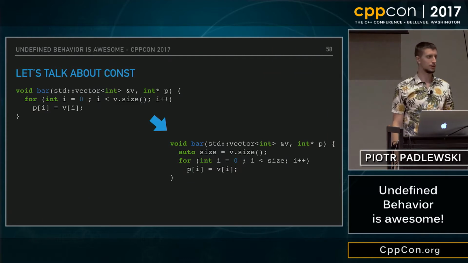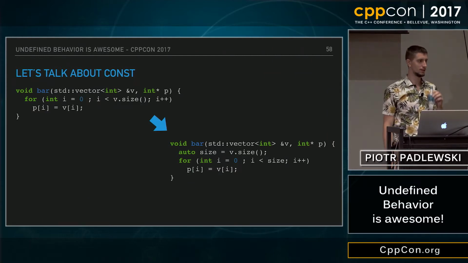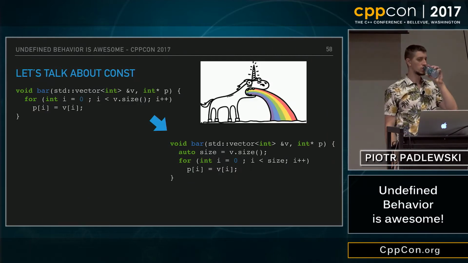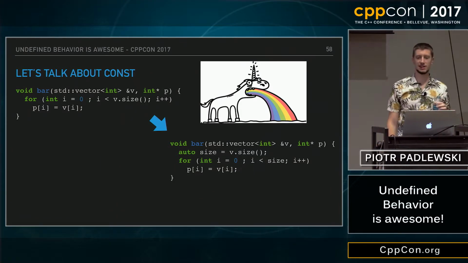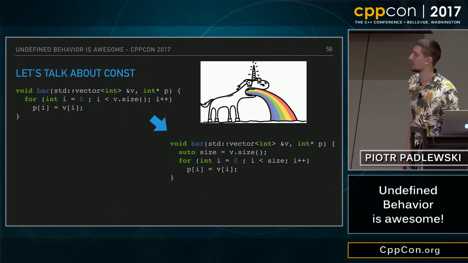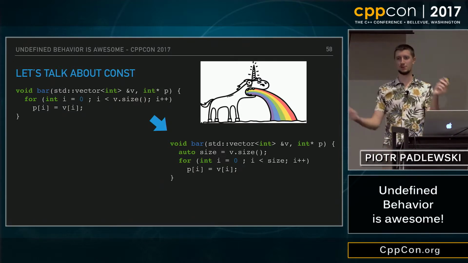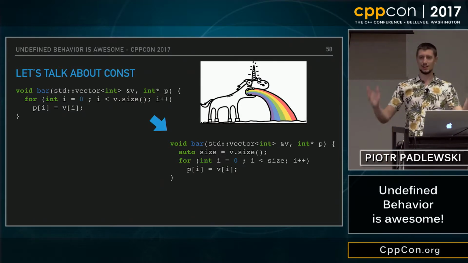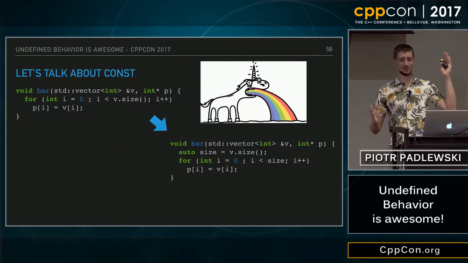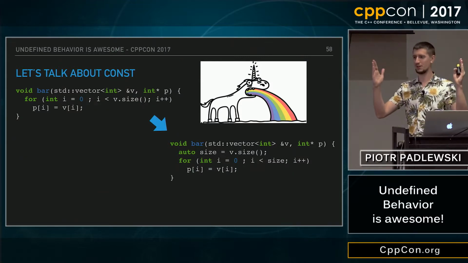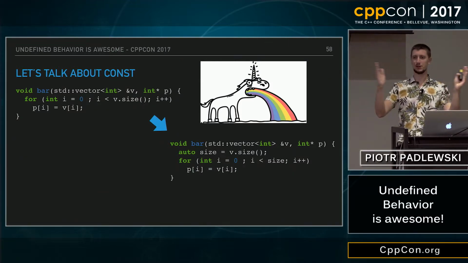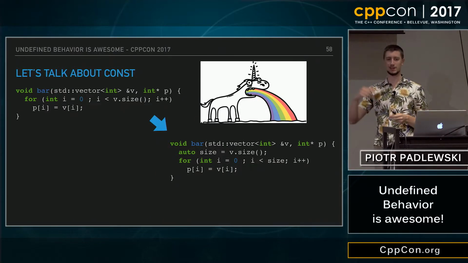Any guesses why it works with standard vector? Size is inline. Yeah, it inlines all the things, and by the magic of compilers, it is able to figure out that I just have those pointers. The size is a subtraction of this pointer from this pointer, and I do not modify those pointers, so it is constant, and I can hoist it.